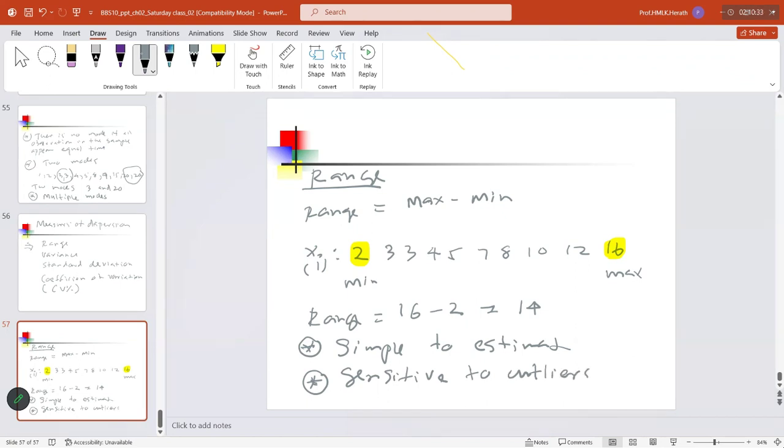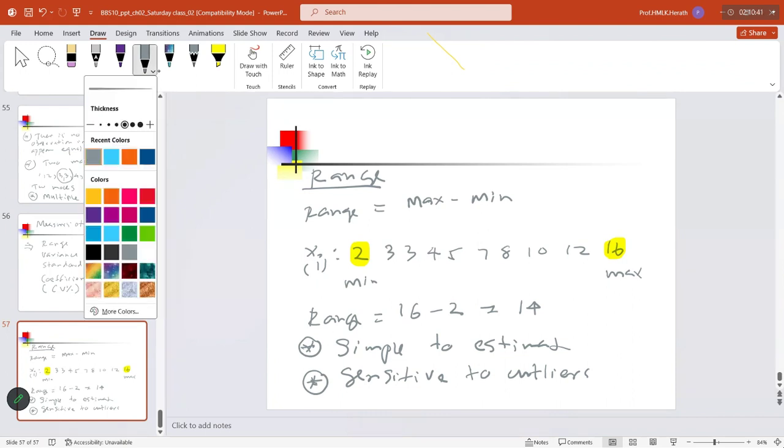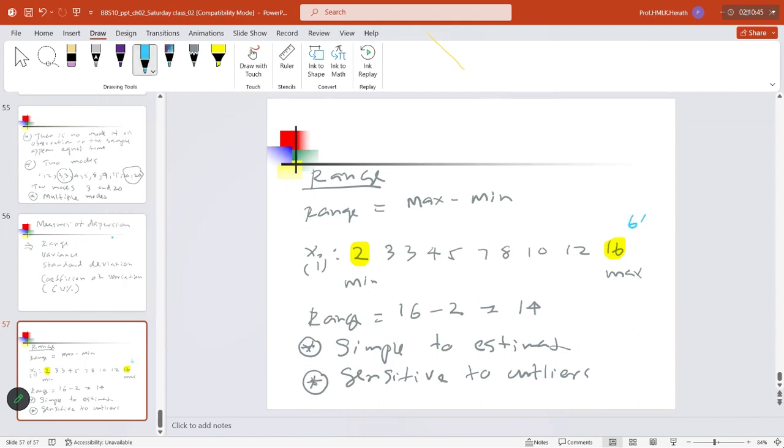So what are outliers? Outliers are extreme observations. Suppose we had 66 instead of 16. Then range equals 66 minus 2, that is 64. The 66 is very much bigger than the rest of the values in the data set.